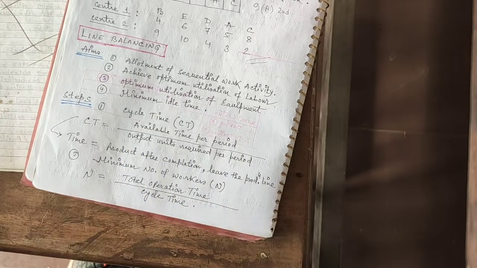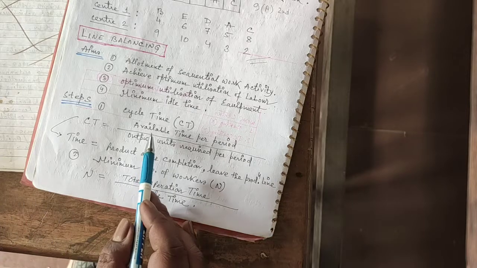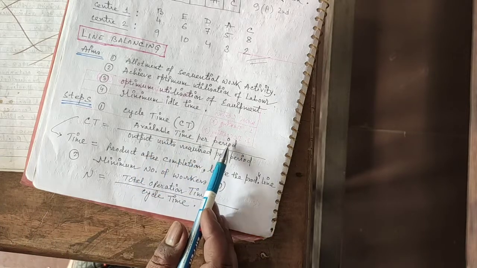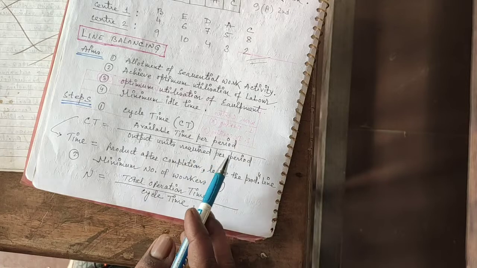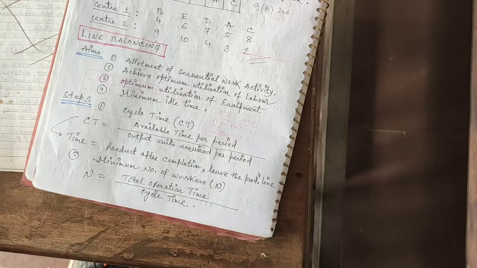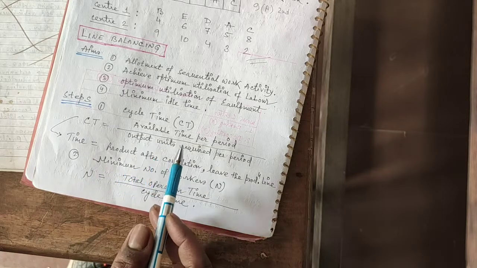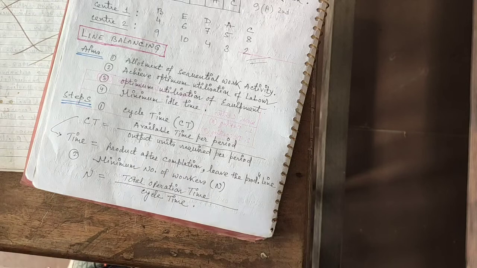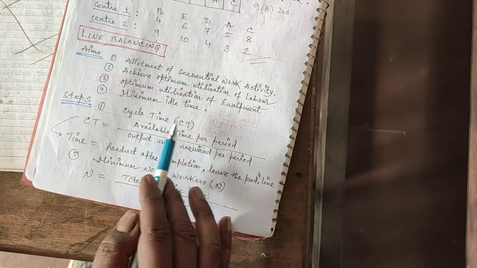CT is calculated as the available time per period divided by the output units required per period. That is the calculation of CT, the cycle time.